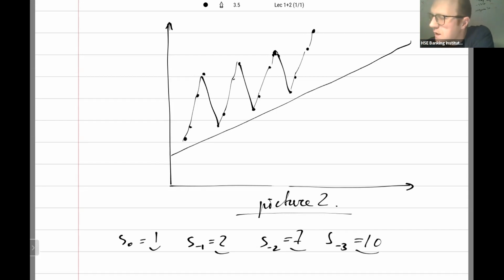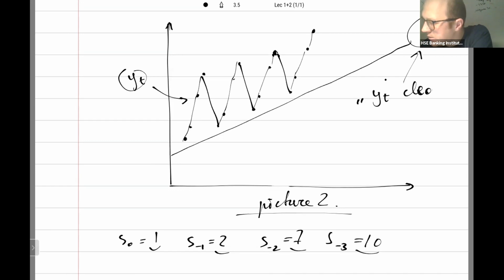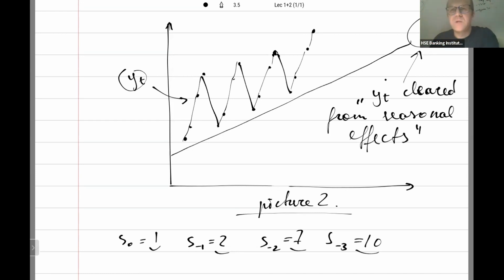And so on. This will be YT, and this will be YT cleared from seasonal effects. But it would be strange if your time series goes like this and your cleared version always goes below your real line.